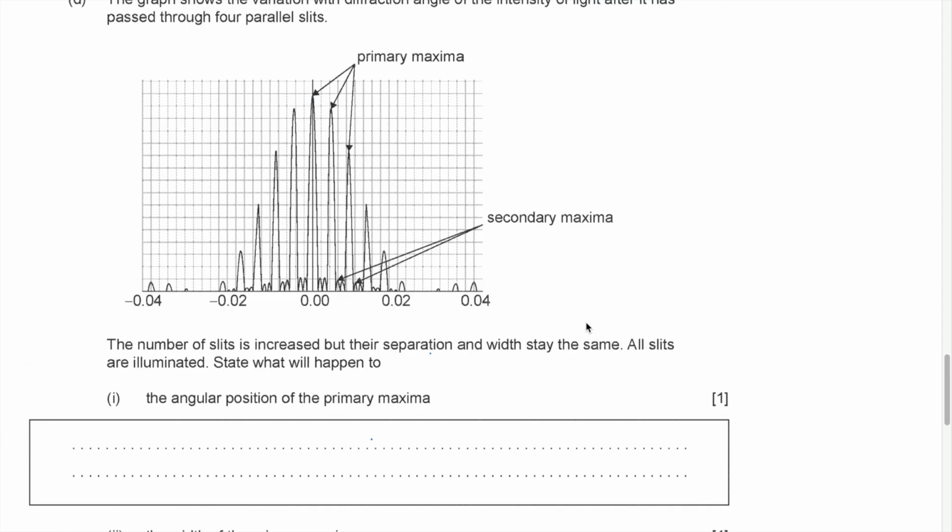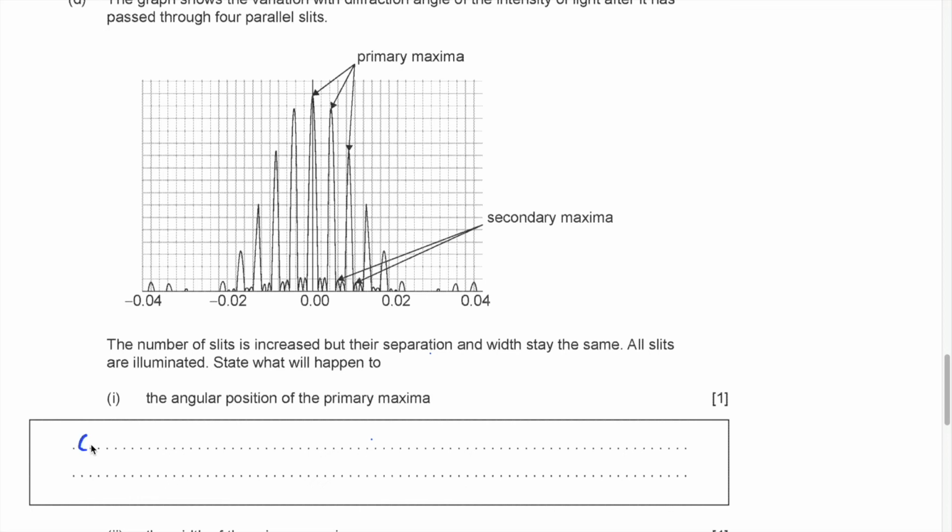The graph shows the variation with the diffraction angle of the intensity of light after it has passed through 4 parallel slits. The number of slits is increased, but their separation and width stay the same. All slits are illuminated. State what will happen to the angular position of the primary maximum.